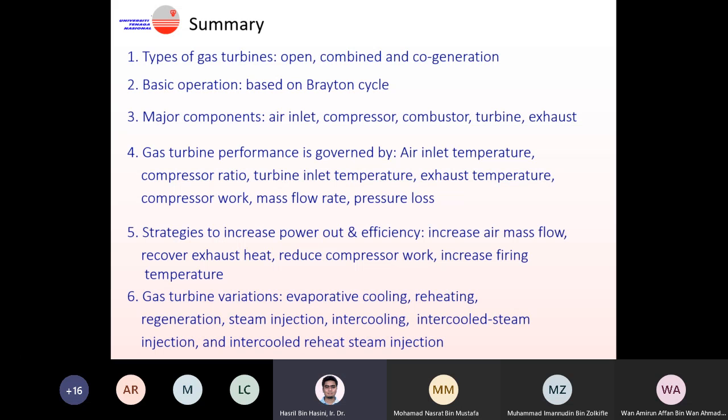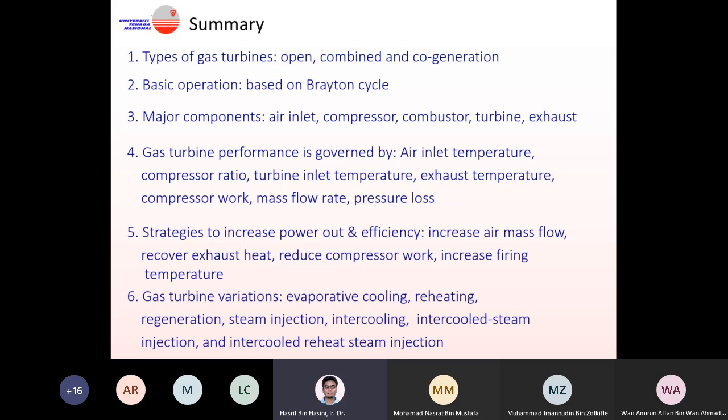You can also recover the exhaust heat. Recover means you use it for many purposes: for heating up air going into your combustion chamber, or having a second combustor, an afterburner. You can also reduce compressor work or increase the firing temperature.